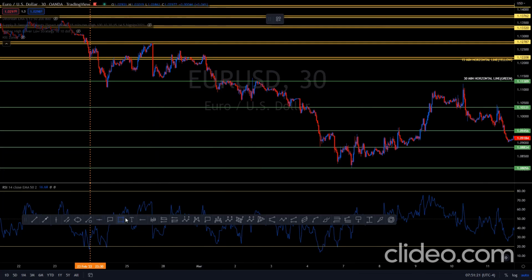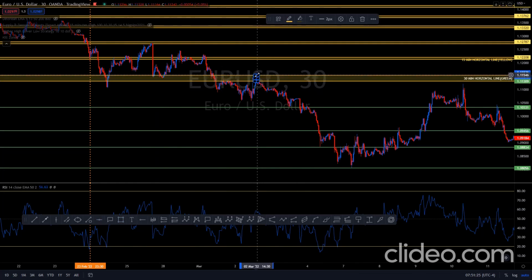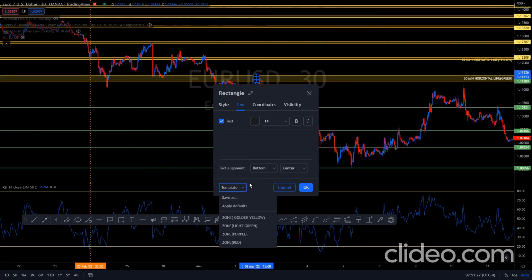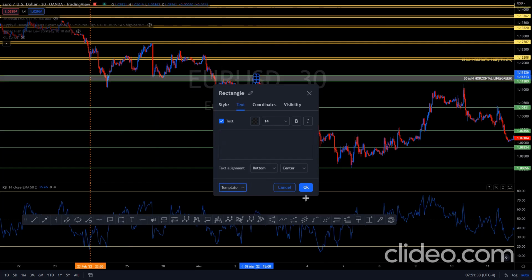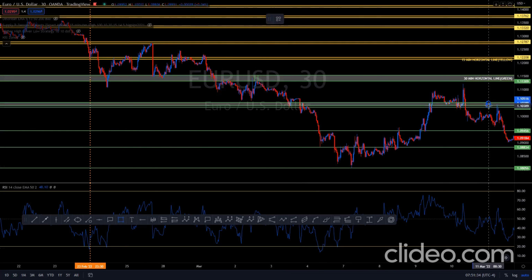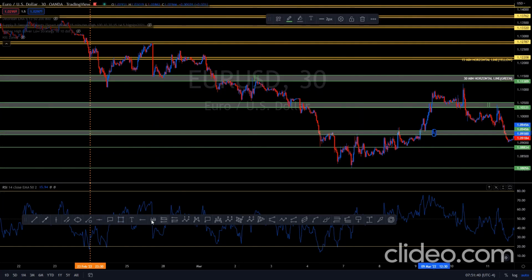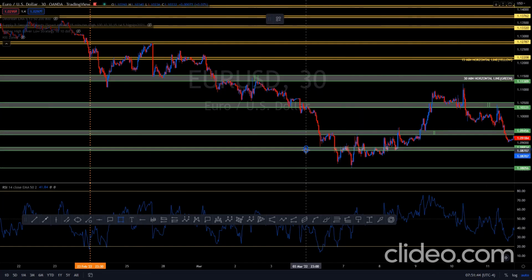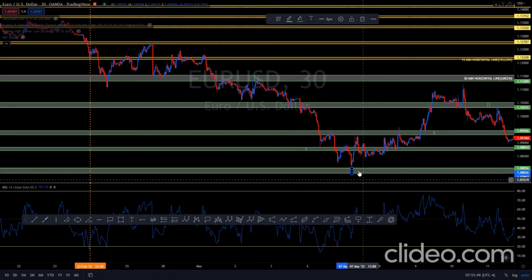And then mark up zones in these areas. Make these green. All right.